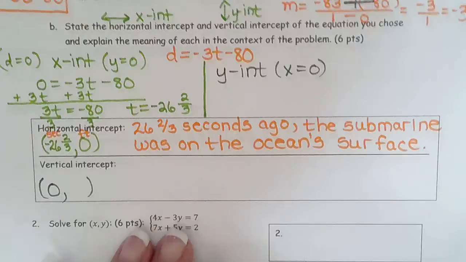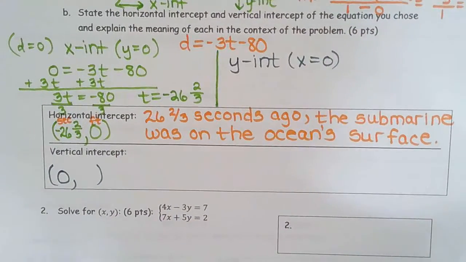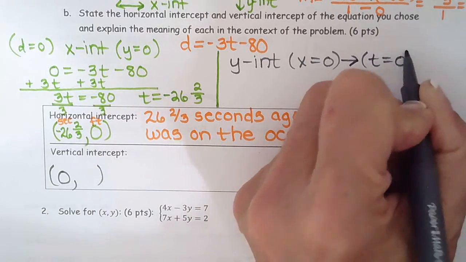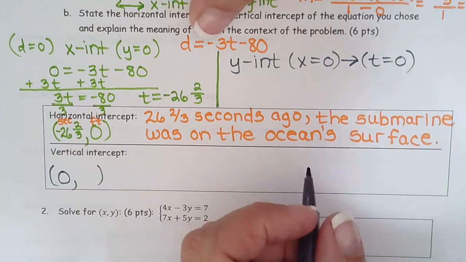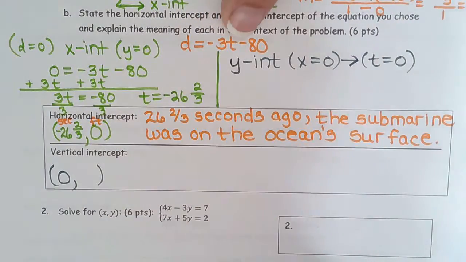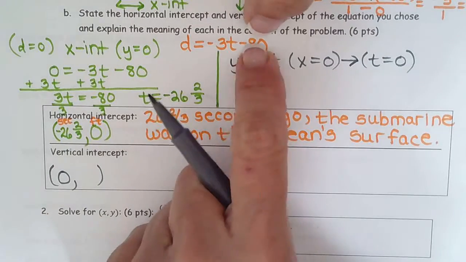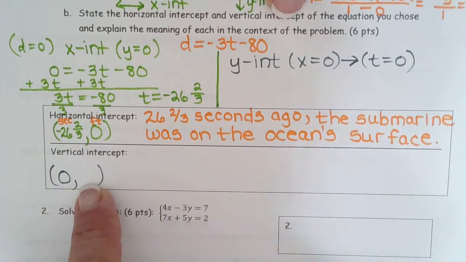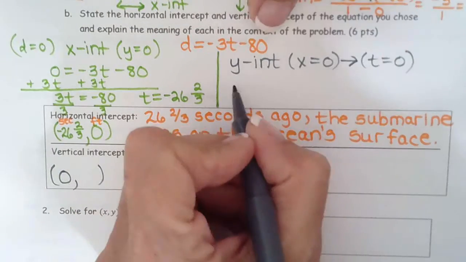So that means make t 0. So take your equation and make t 0. And you guys probably realize already the y-intercept's negative 80, because isn't that it there? I'm just showing you the algebra for it, but you could have gone straight to the answer, 0, negative 80 right here. But I'm just showing you the work.